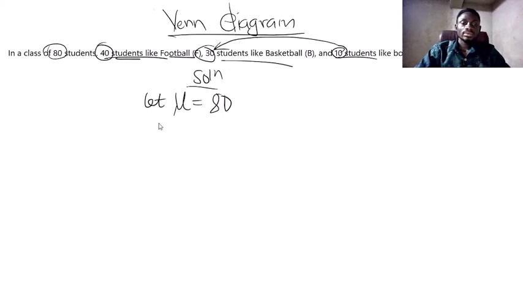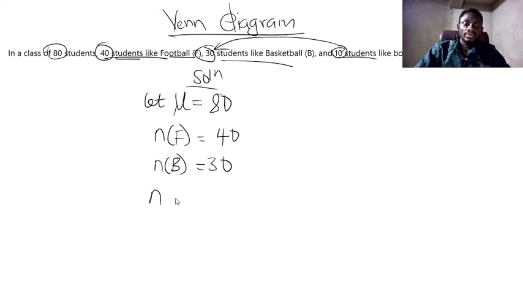Now, out of the 80 students, how many people like football? The number of people who like football equals 40. And the number of students who like basketball equals 30. And then we have students who like both football and basketball. From our previous discussion, we said that the intersection refers to people who are in both sets.